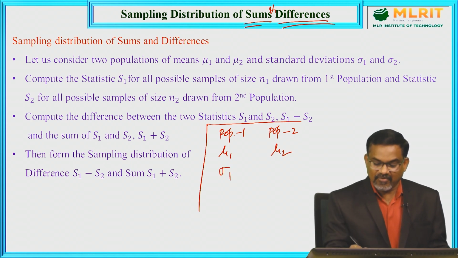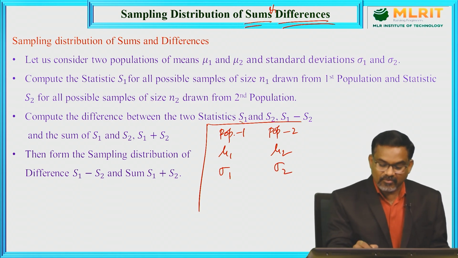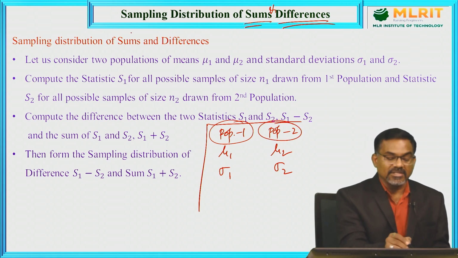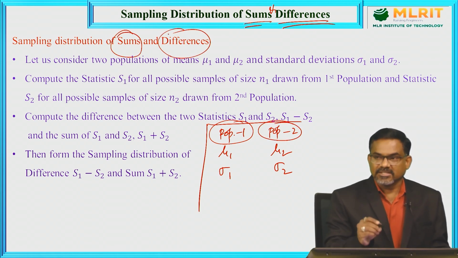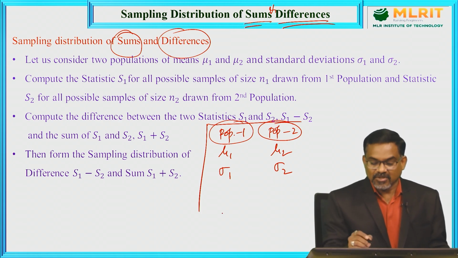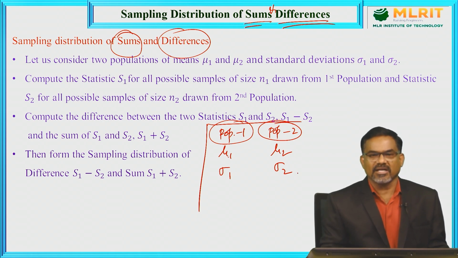Similarly, sigma 1 is the standard deviation of population 1 and sigma 2 is the standard deviation of population 2. We consider two populations because we are dealing with sums and differences. Sum means there must be at least two populations, similarly for the difference. So, mu1 and mu2 are the means, and sigma 1 and sigma 2 are the standard deviations of population 1 and 2 respectively.